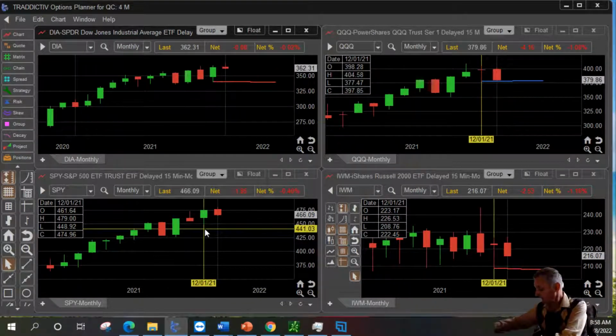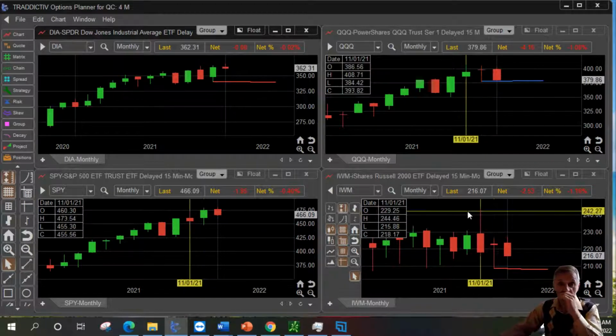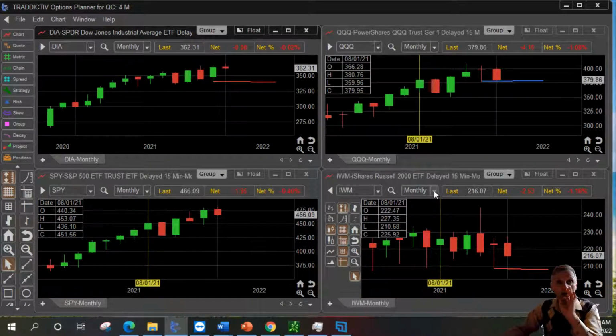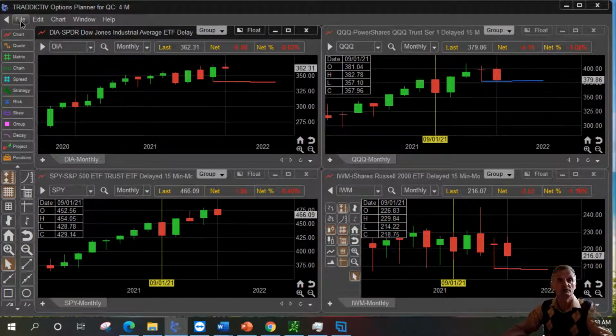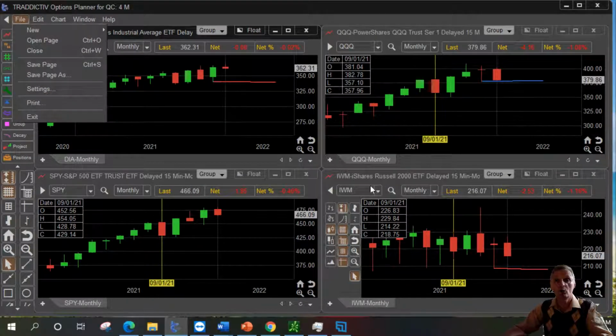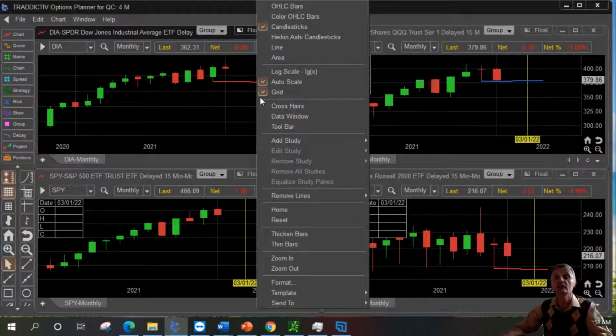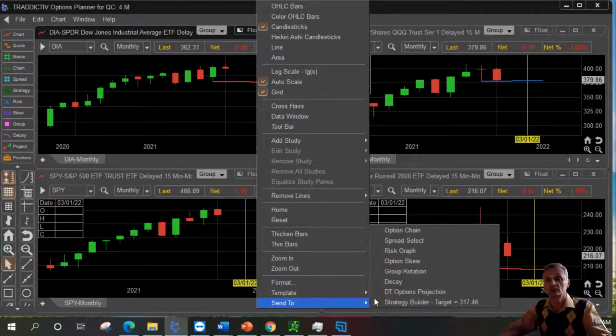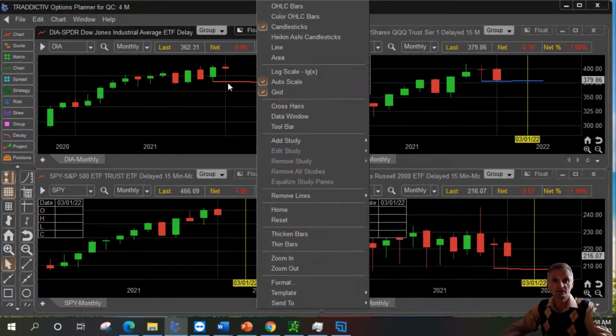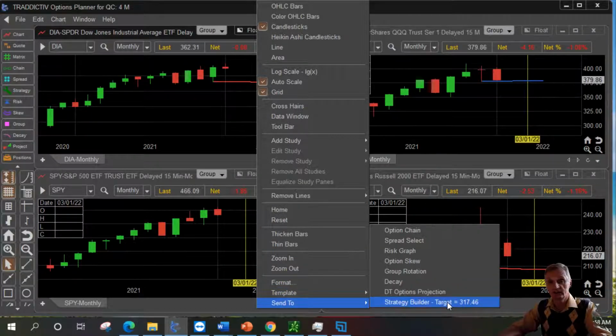So one more time, I want to emphasize that the best use of this platform is when you select the target: single right click on a target, go down here and it says go to the strategy builder. Single right click on a diamond, wherever you feel the target is, and select it.